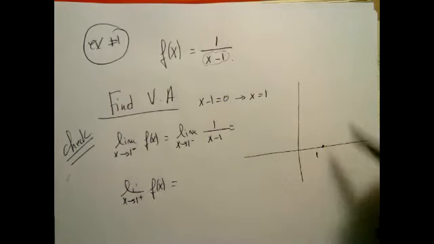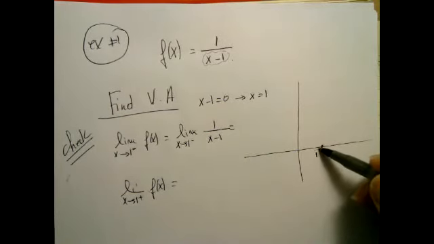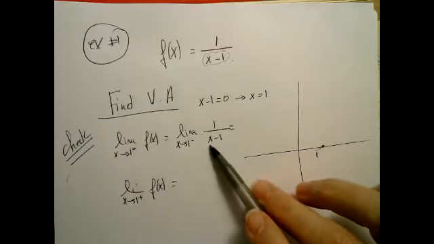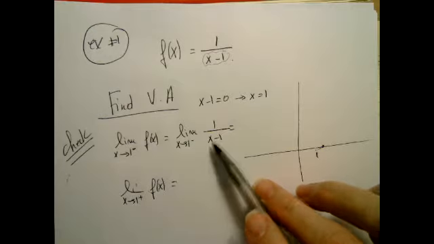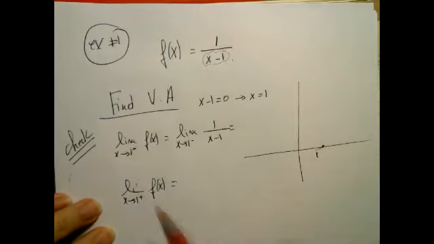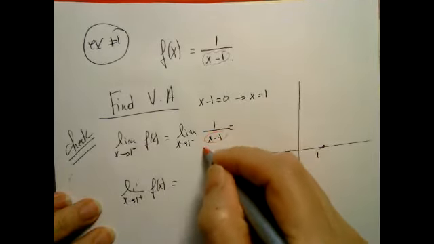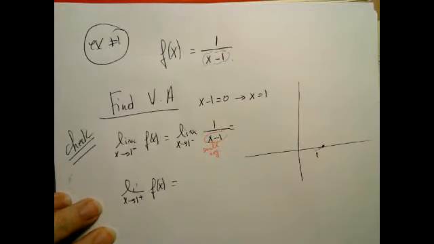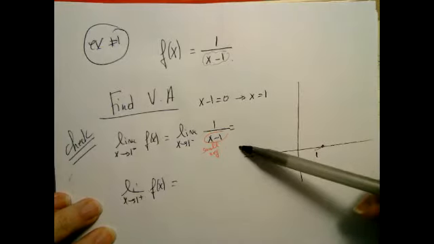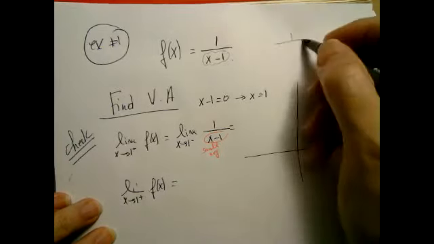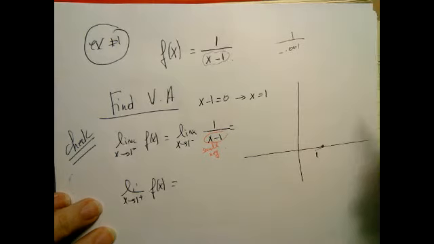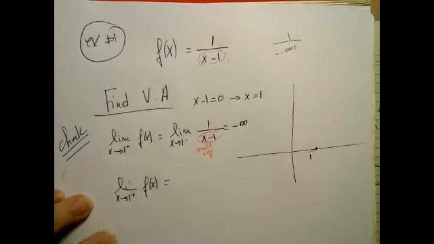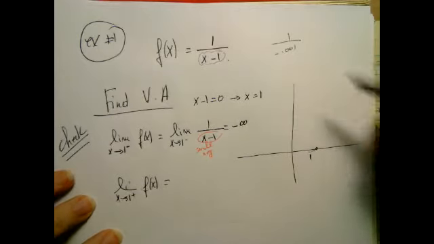Tiny bit less than 1, so you're talking about 0.99. 0.99 minus 1 gives me a small negative. But I have 1 over small negative, like 1 over minus 0.0001, that's large, so this is equal to minus infinity. So now I'm sure it is an asymptote because the function is blowing up.